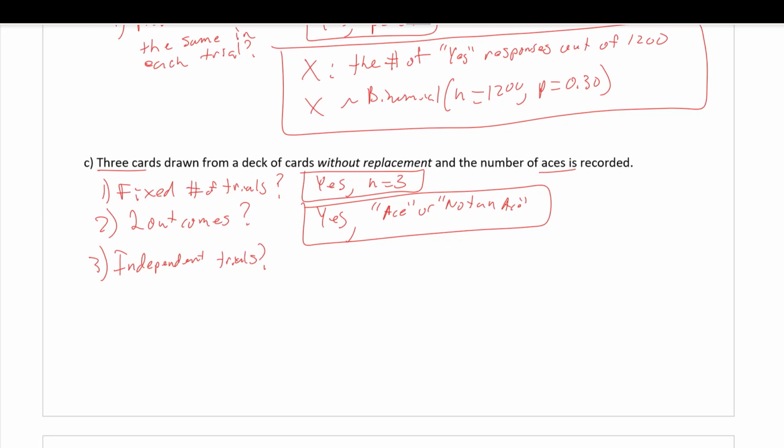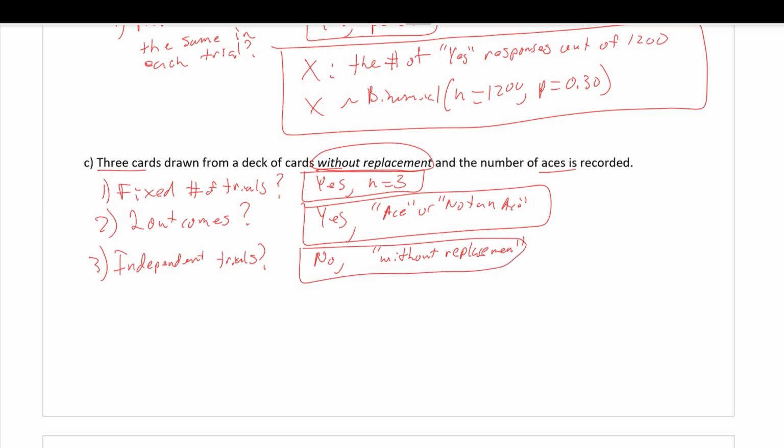So you see how each trial does depend on the outcome of the previous trial? So, no. It's because of that word, without replacement. So we have one no, so it's already not a binomial.